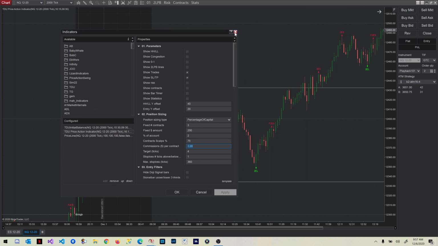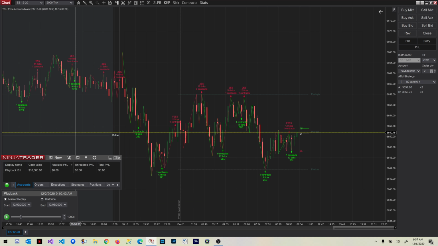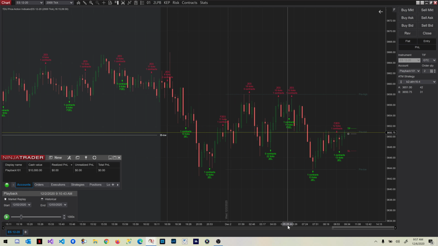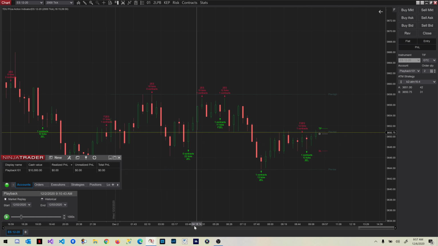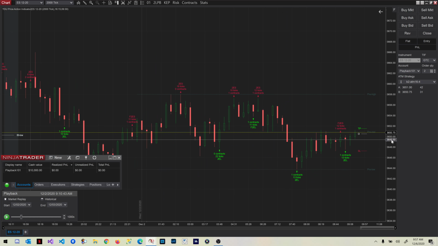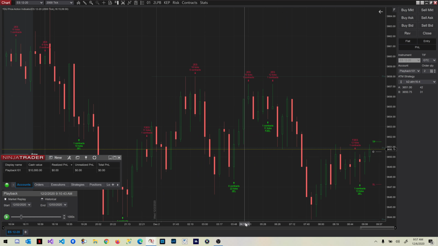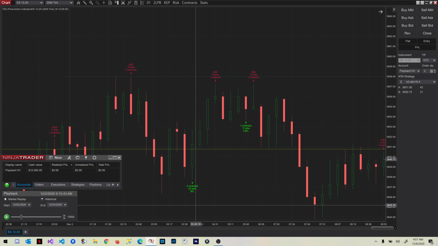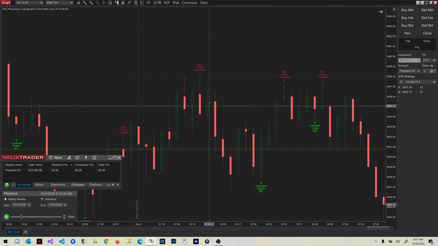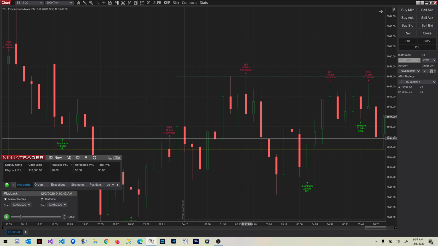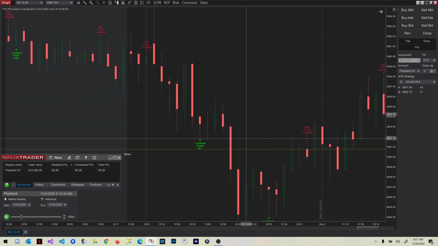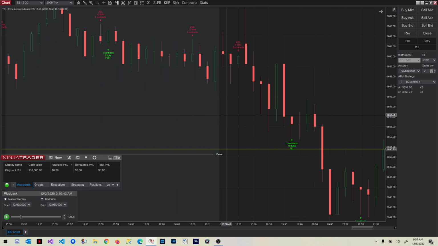Another question I got lately was about the position sizing. It was not really clear for some people, so I will try to explain it once more. Let's zoom in a little bit.